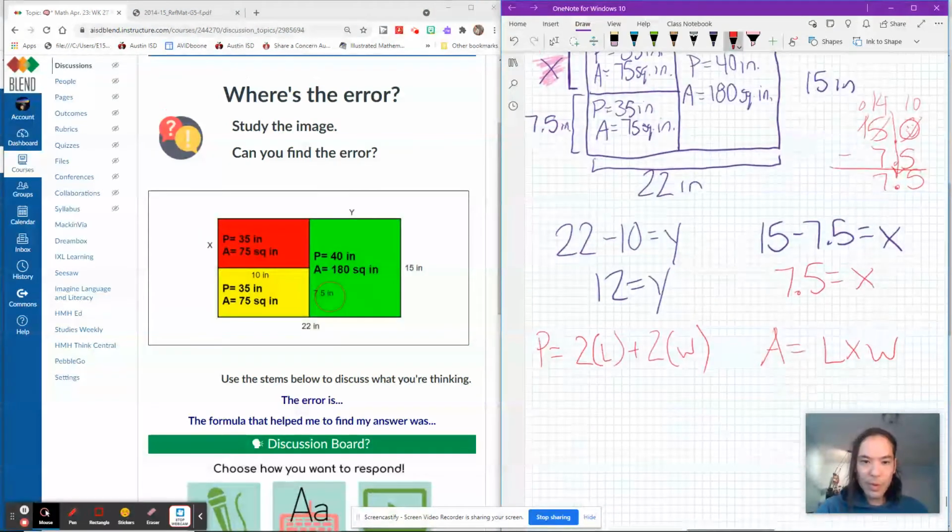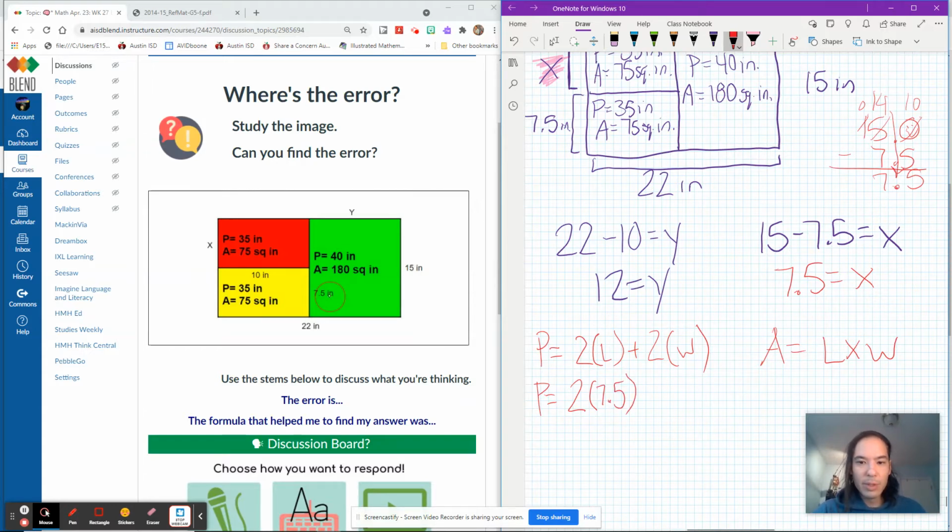So perimeter is equal to 2 of our side lengths, which was 7.5, plus 2 of our side widths, which was 10. So 2 times 7.5, we figured out over here, was 15, plus 2 times 10 is 20. So perimeter equals 35. So that checks out, right? Because over here it says perimeter equals 35 inches.